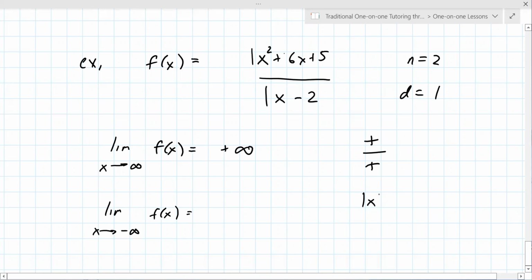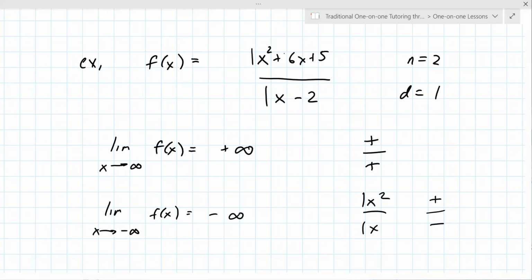You're literally looking at 1x squared over 1x, and you're like, what happens? Well, a negative number squared becomes a positive, and you're multiplying by 1, so it's still positive. A negative number in the bottom times 1 is negative. Positive over negative is negative. And that's how you decide.